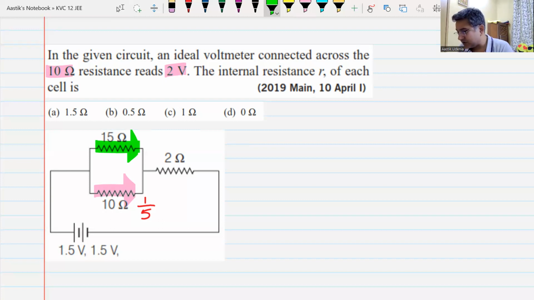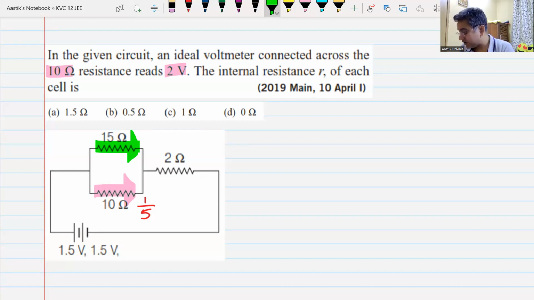What will be the voltage drop across this 15 ohm resistor? 3 volt.